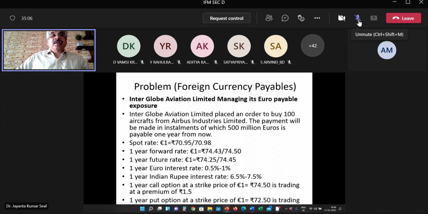If the estimated price is less than 73, the option can be more profitable. Suppose the treasury division finds that the price will be around 72.5. Indigo can write an option also, and by writing an option you receive a premium. So there are different alternatives depending upon your perspective about the future exchange rate.